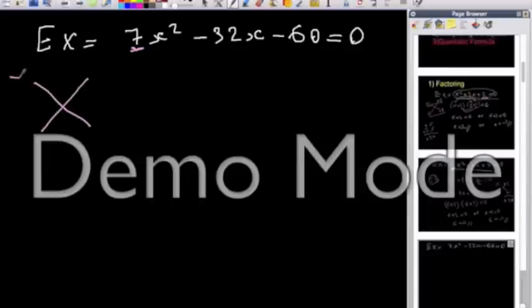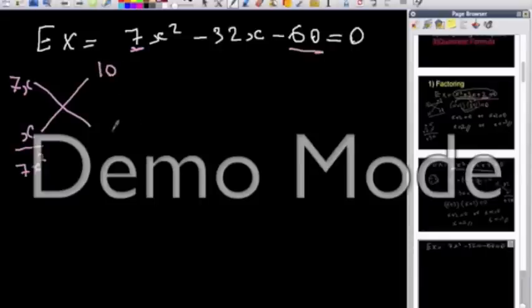It would be 7x and x. We see that these two give us 7x squared, right? Okay, so now we need to see what times what gives us 60. 10 times 6 gives us 60. Let's try it out.